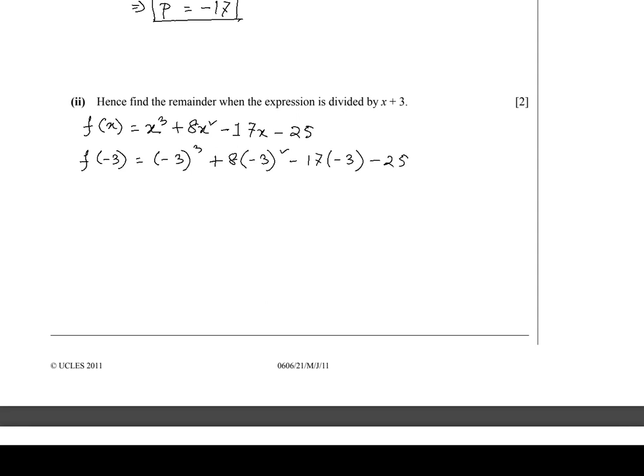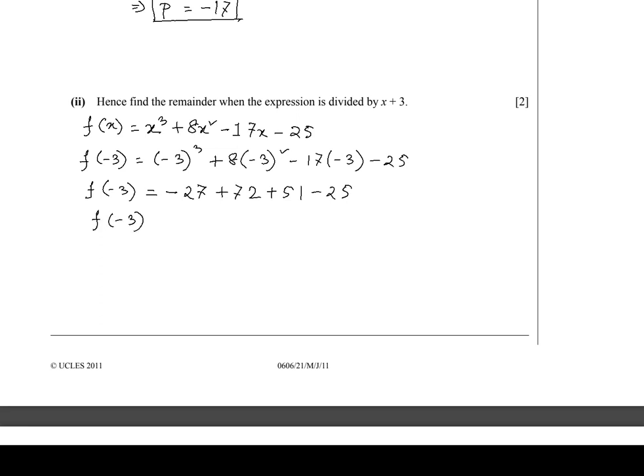So in the next line we can write f(-3) equals (-3) cubed, which can be written as minus 27, and 8 times 9 is 72, so plus 72, and then plus 51 minus 25.